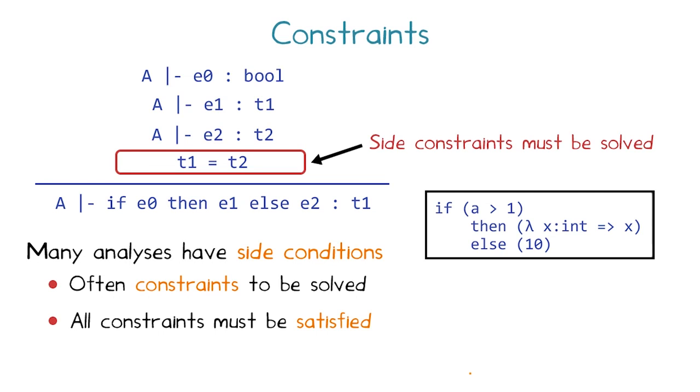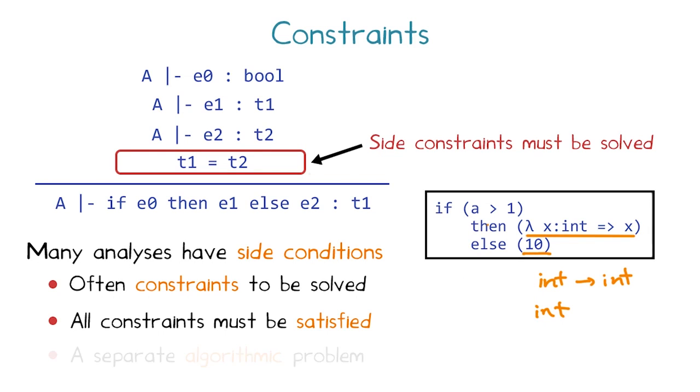The expression e1 in this program has the type int arrow int, while expression e2 has type int. Without the side condition, this program would be typed as a function mapping ints to ints. This would cause the type system to be unsound, as the program would not evaluate to the correct type if a were ever less than or equal to 1.